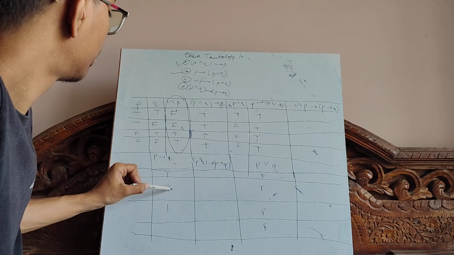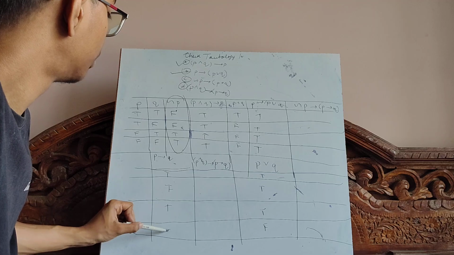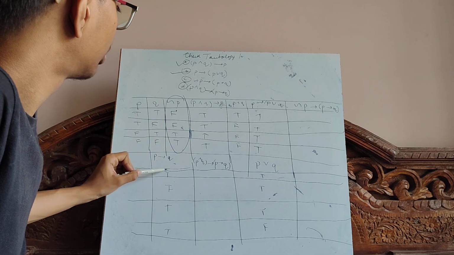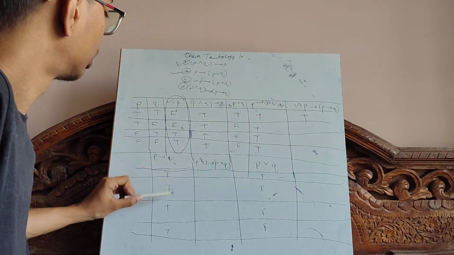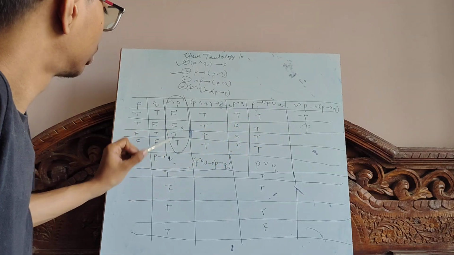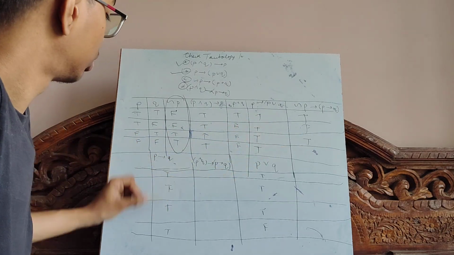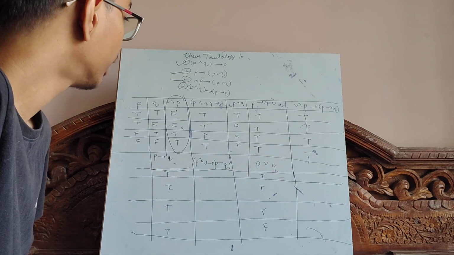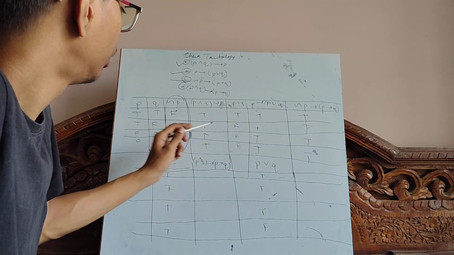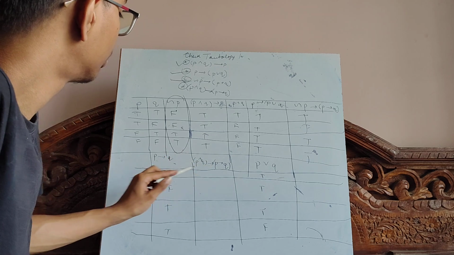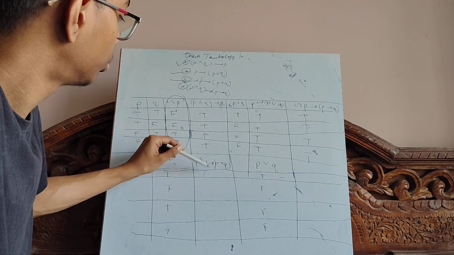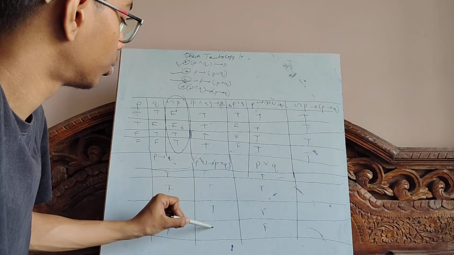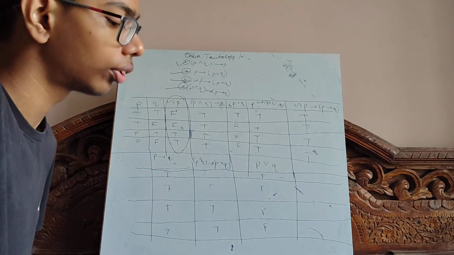Sorry, this will be false. This will be true. So this will be true, true, true, also true. That means this is also tautology. Then P and Q implies P implies Q. So true, this is also true, this is also true, and this is also true. So this is also my tautology.